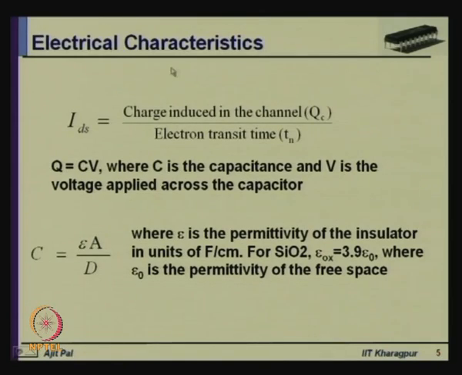Coming to the electrical characteristics, I shall try to derive the expression for drain current along the same lines as the fluid model. We have seen in the fluid model that because of the voltage applied at the gate, some charge is induced. So, an inversion layer is created, with charge of opposite polarity.